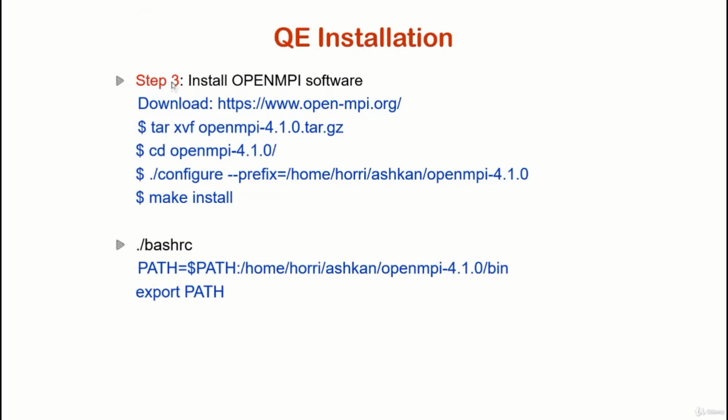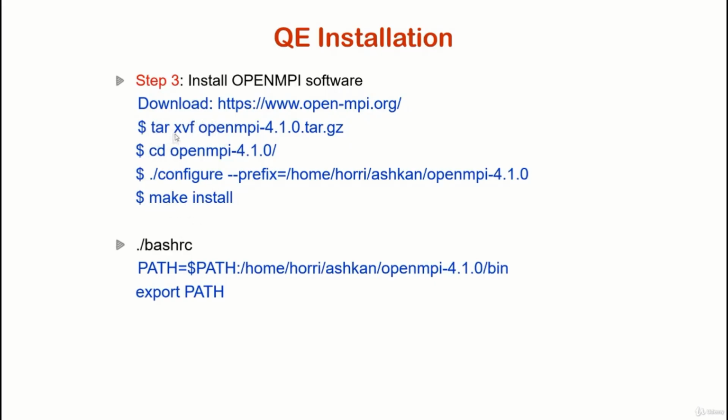The third step is to install OpenMPI software. This software enables you to use all the CPU cores available on your PC. We should go to this website and download its file. Then in the terminal, I write these commands.